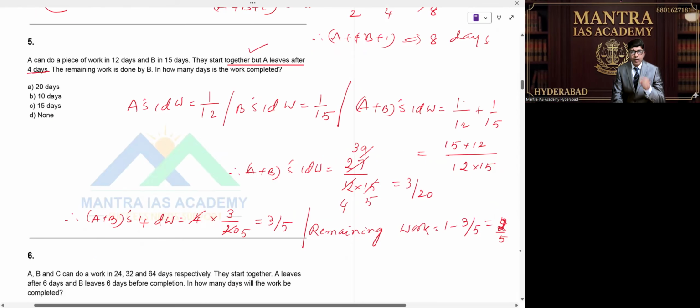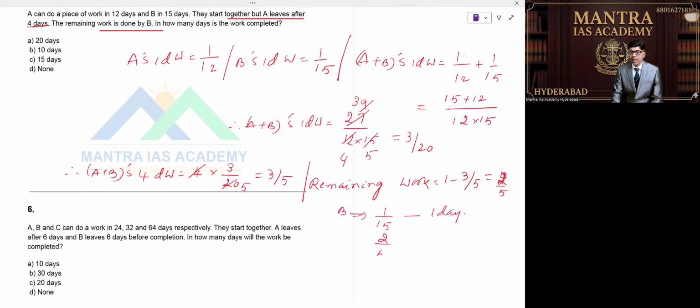So by whom was this done? Yes, the remaining work was done by B alone. In B's case, if 1 by 15th of the work is there, B can do it in one day. But how much work is there? 2/5 of the work is there.